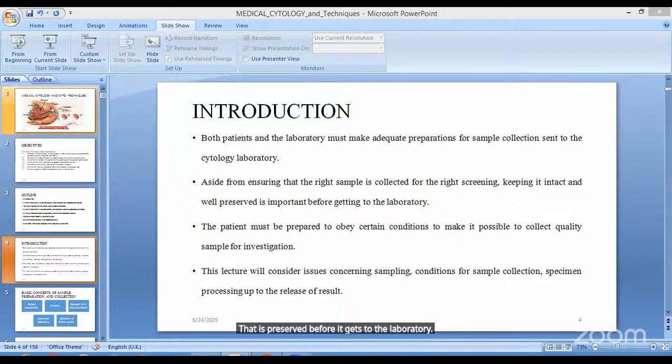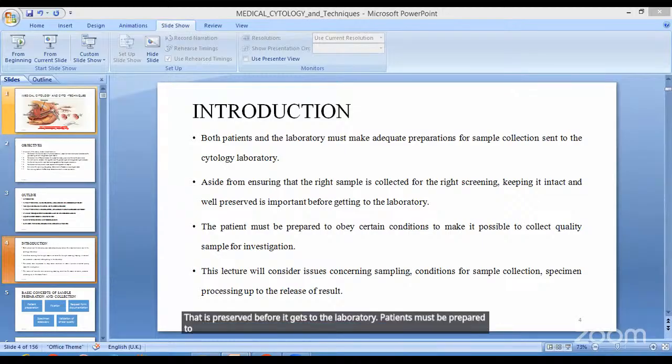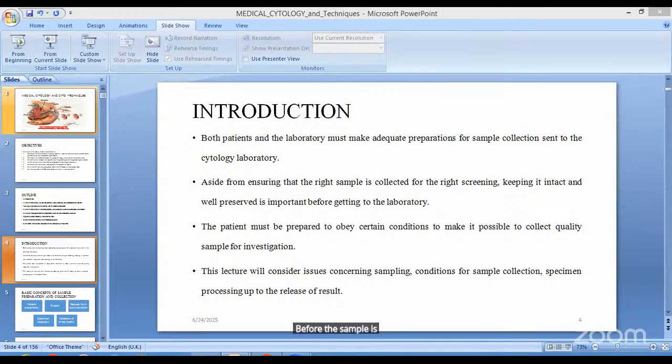Patients must be prepared to obey certain conditions before the sample is taken so that a quality smear can be taken and processed. If anything is wrong at that level, then there's nothing one can really do to get quality results. So we are going to look at that in this lecture.